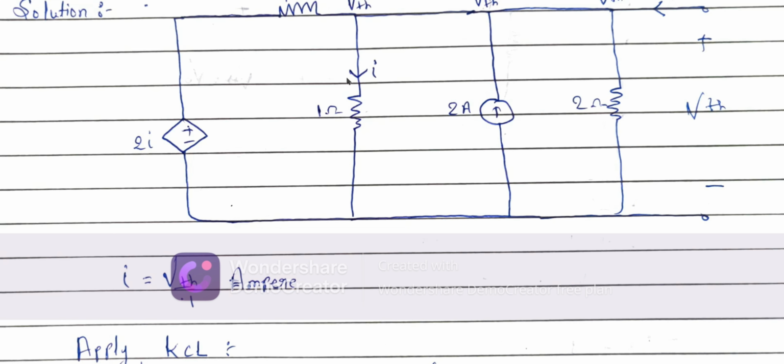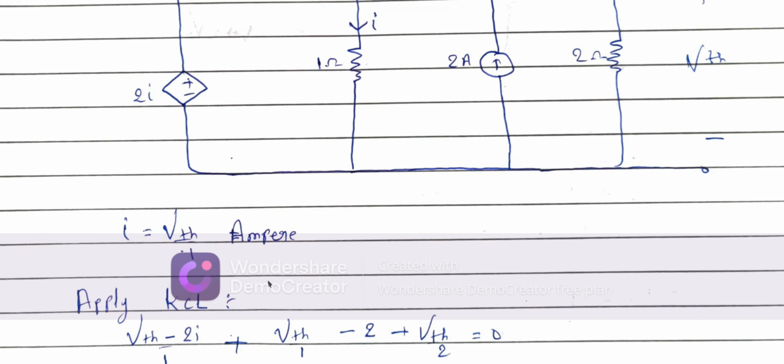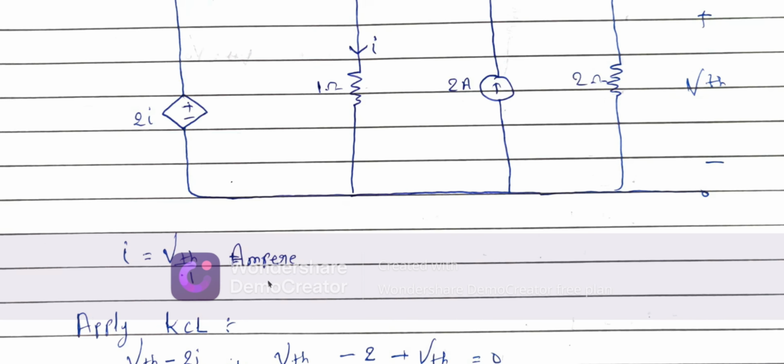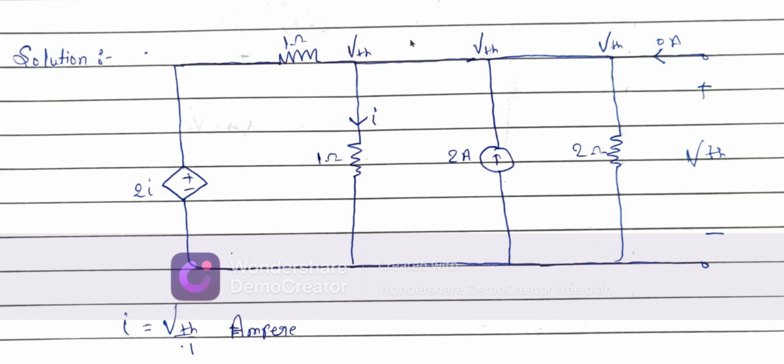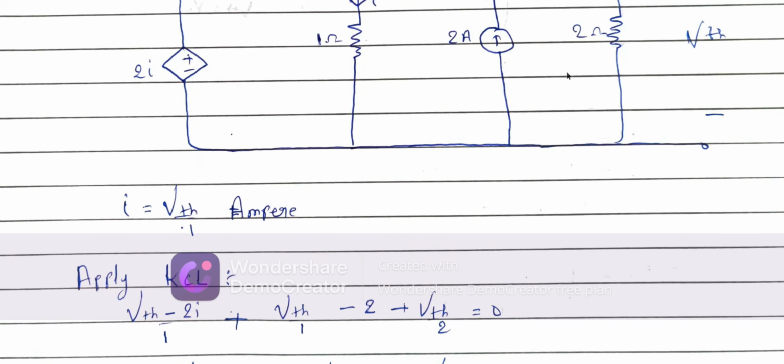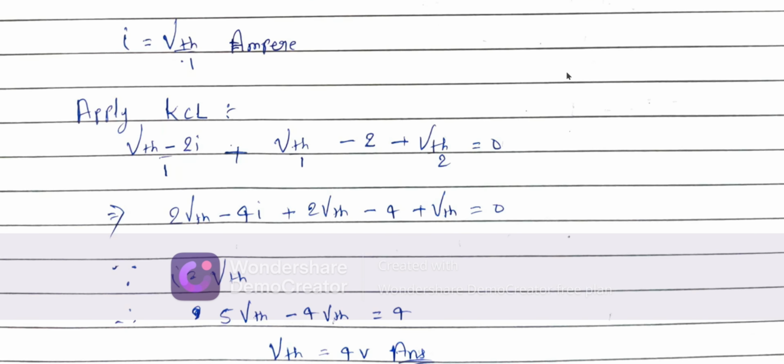So how can we find VTH? In this area the current I is given, so I is equal to VTH by 1, that is, I is equal to VTH. Apply KCL in this circuit: (VTH minus 2I) divided by 1, plus VTH divided by 2, minus 2 ampere as the incoming current, and 0 ampere as the incoming current.